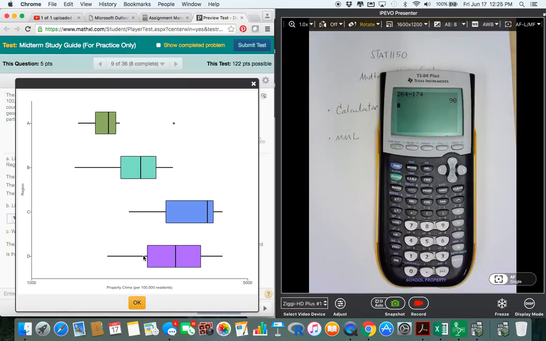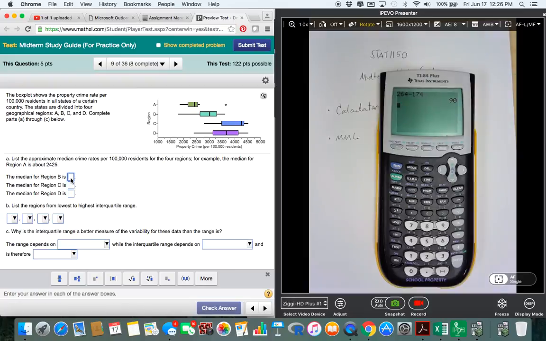If we come all the way down to here, so the middle would be about 2,500, so I'm going to say 2,800. So we can say region A is about 24.